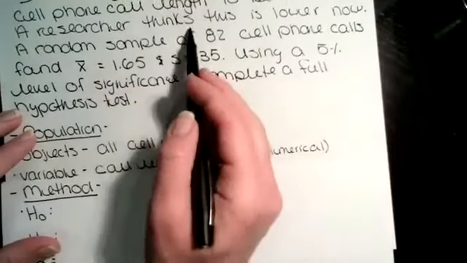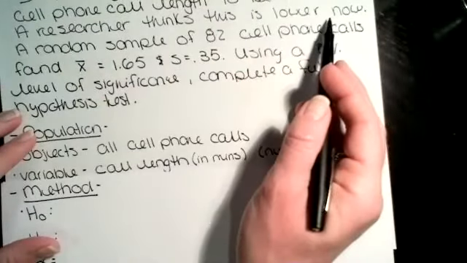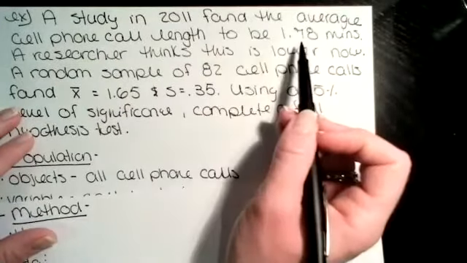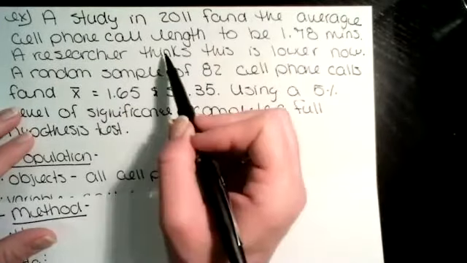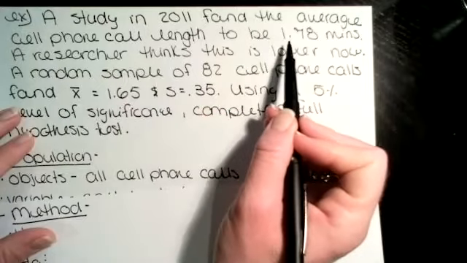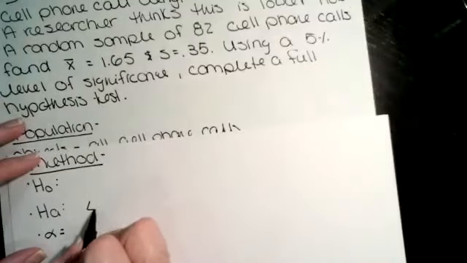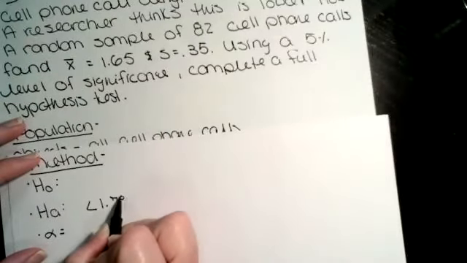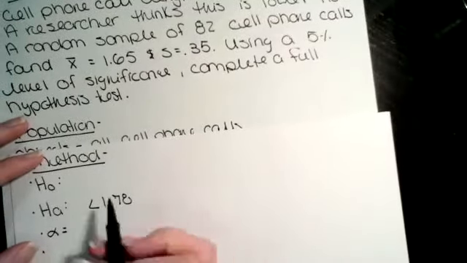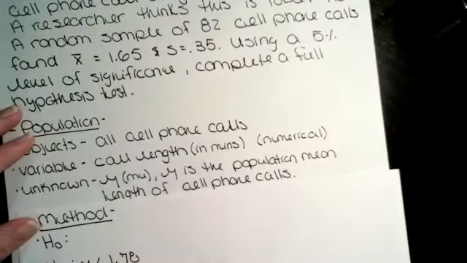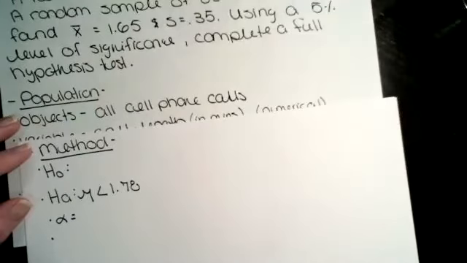A researcher thinks that it's lower now. So lower than what? What we found in 2011, which is 1.78. So the researcher thinks it's less than 1.78. So that's what I'm going to put. So I have less than 1.78, but I need to know what is less than. It's my unknown, my mu. So mu is less than 1.78.